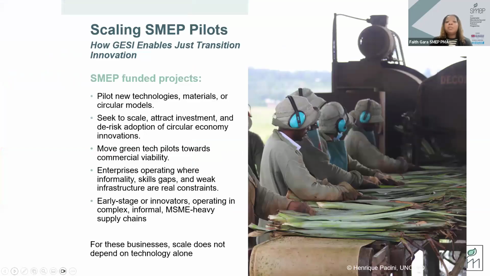It is also important to be clear about the type of businesses SMAP supports and why JC is central to their ability to scale responsibly. SMAP-funded projects and businesses mostly operate where informality, skills gaps, and weak infrastructure are real constraints, and in value chains where women, youth, and informal workers are often excluded from technical roles and decision-making.